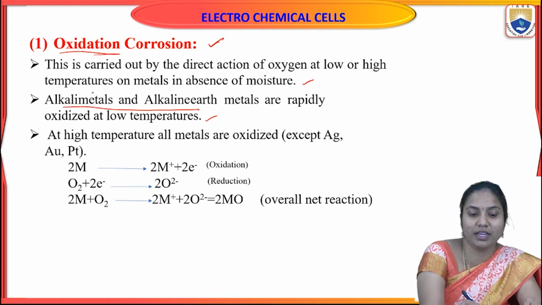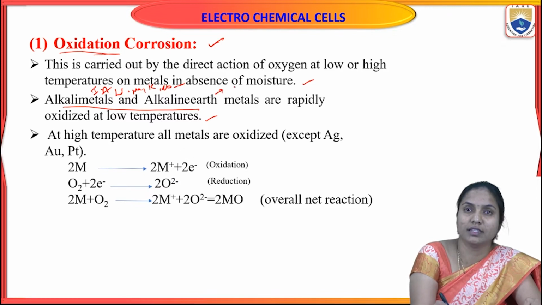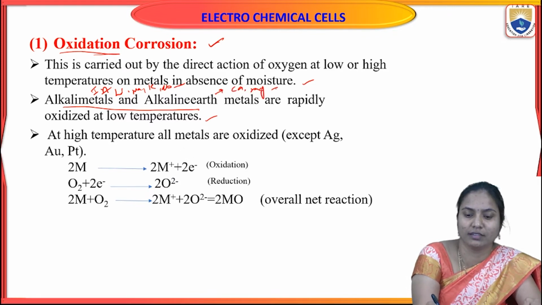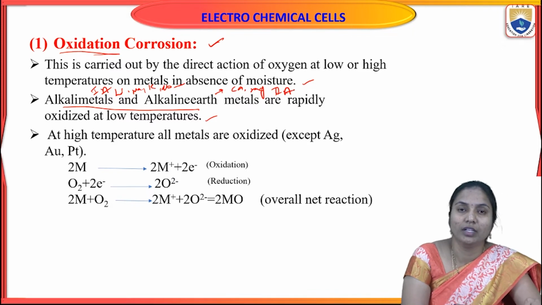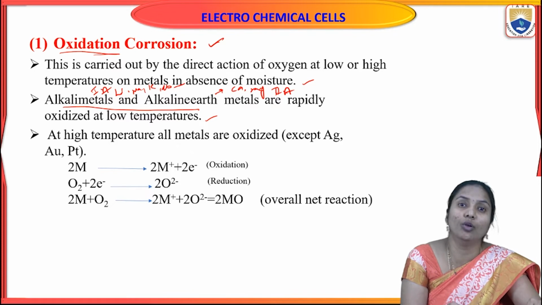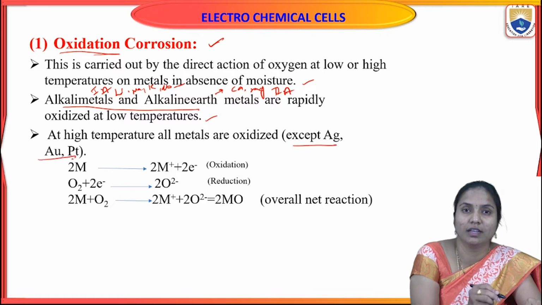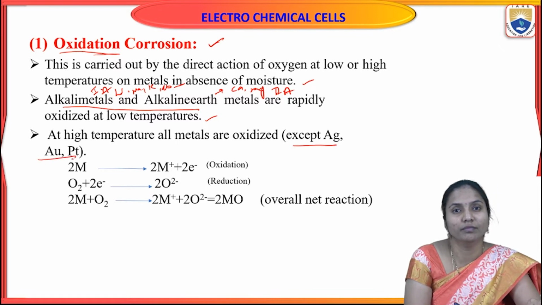Alkali metals are first A group elements such as lithium, sodium, potassium, rubidium, and alkaline earth metals are second A group elements, calcium, magnesium. These are rapidly oxidized at low temperature. But at high temperature, almost all metals are oxidized except noble metals such as silver, gold, platinum.